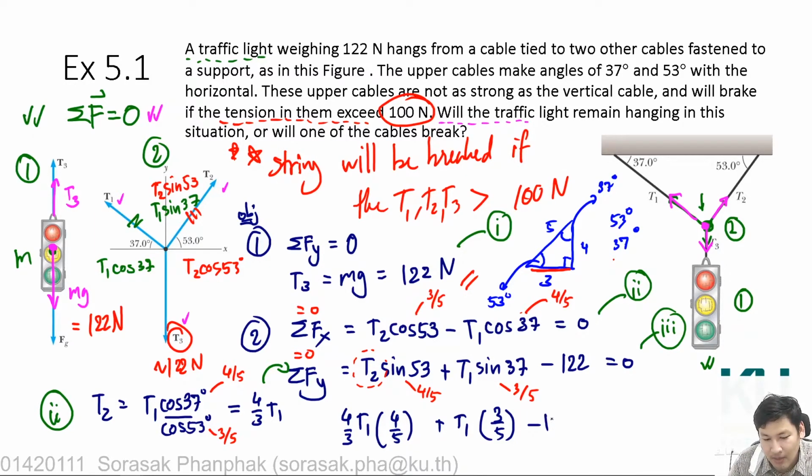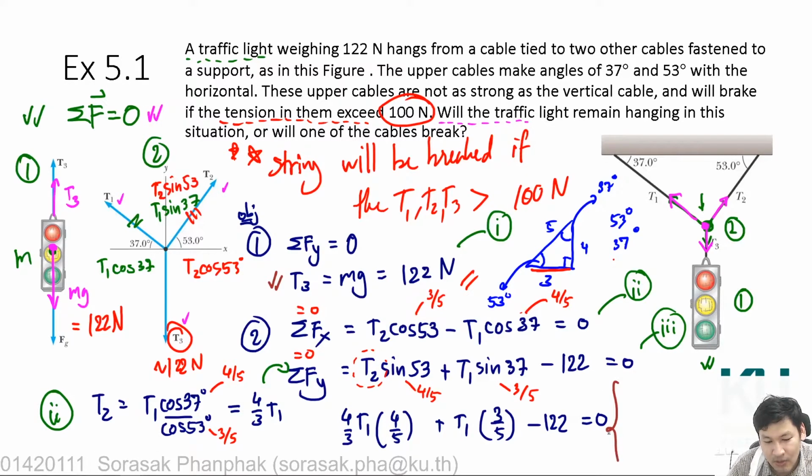minus 122. So finally, if you rearrange this term and sum it up, you're going to get the values of T1 and T2, because you already know T3.